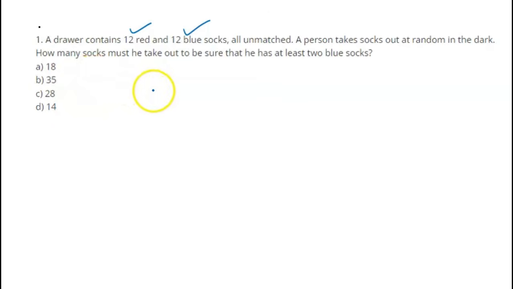To understand this, let us look at this argument. What is the worst case scenario here? That the person is taking out socks at random, and the first 12 socks that he has drawn are all red. It is a possibility because we want to guarantee it, yes or no? Because we want to be sure that at least 2 of the socks are blue.